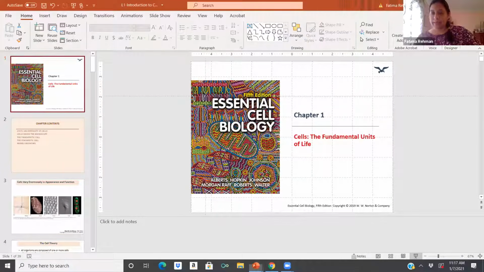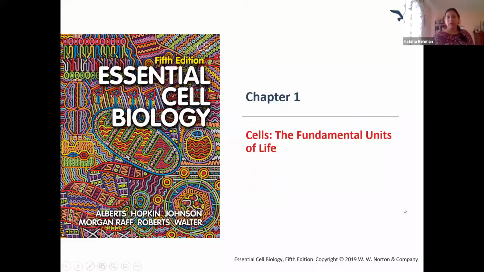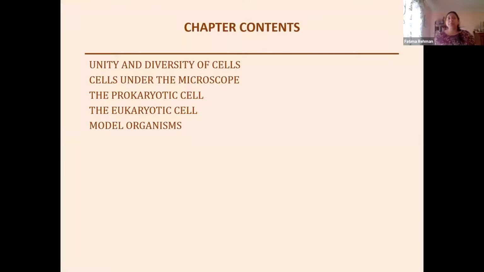So yeah, today, like I said, we're going to focus on chapter 1. This chapter basically talks about how diverse the cells are in our environment. They talk about how we look at cells under the microscope, and the different types of microscopy that are available. We're going to review prokaryotic versus eukaryotic cells.